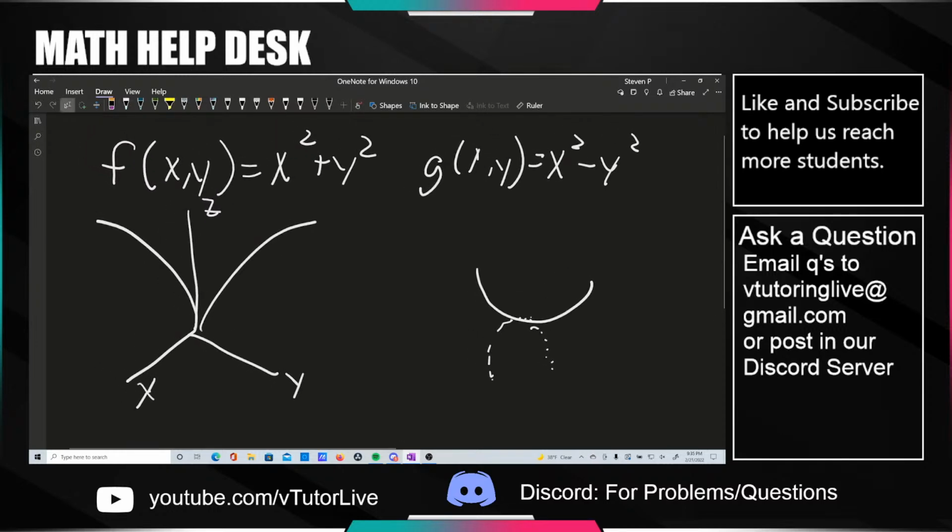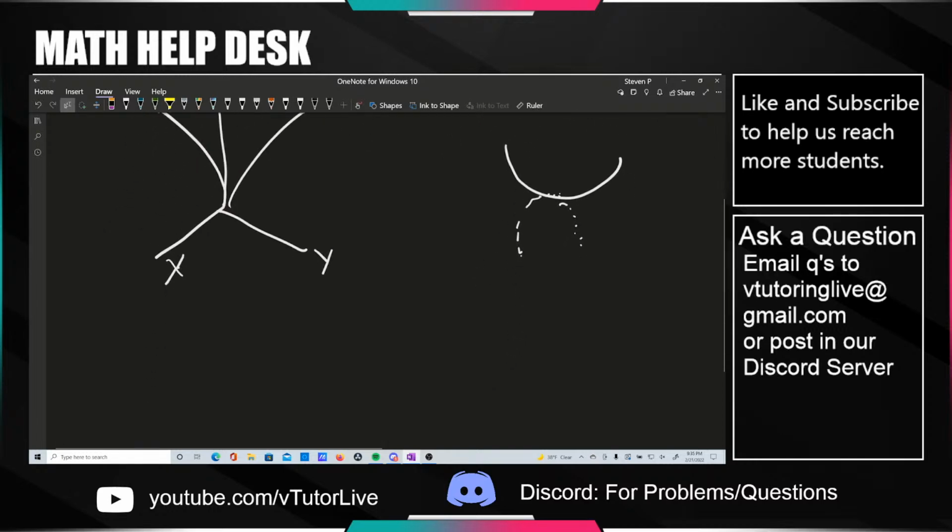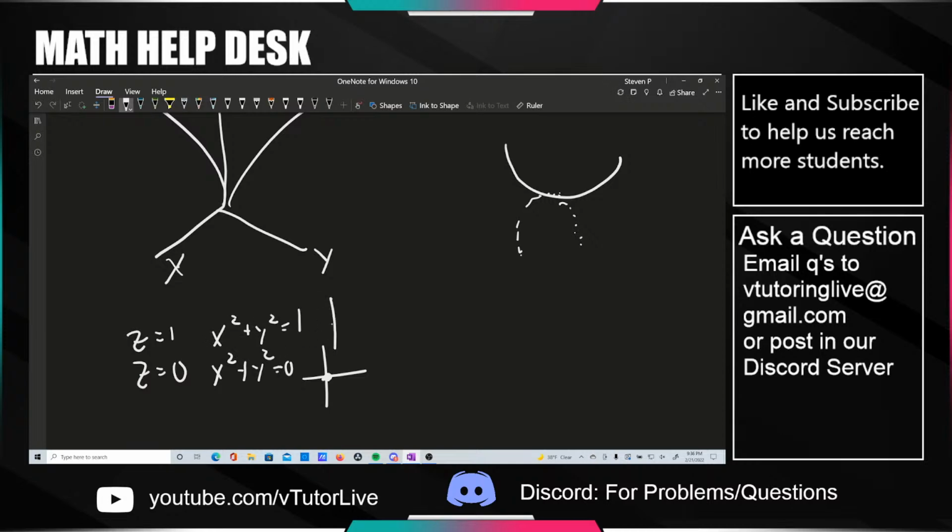Yeah. So, with this particular one, if I remember correctly, when z is equal to 0, it's just x squared plus y squared is equal to 0. So that's just the single dot at the origin. And when z is equal to positive 1, that's x squared plus y squared is equal to 1, and that looks like just a circle of radius 1.